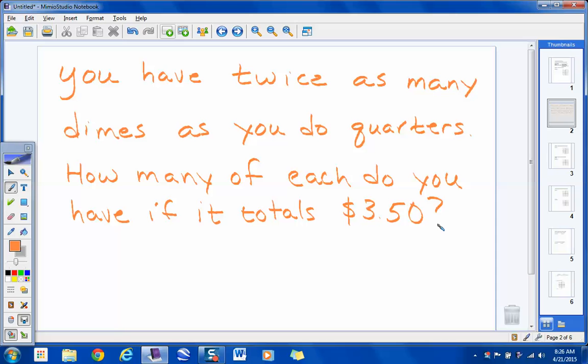It says when I put the dimes and quarters together, the amount of money totals up to what value? What's the amount of money total up to? $3.50. Okay. Now, what we need to do is figure out how many of each do I have. How many dimes, how many quarters do I have?